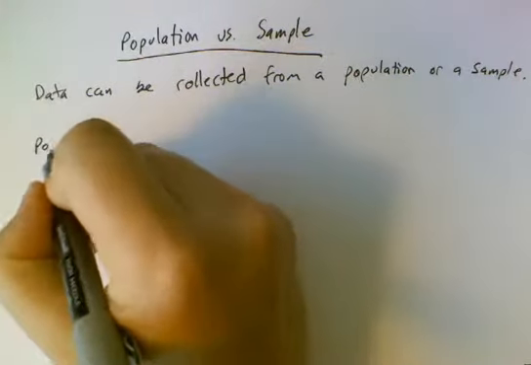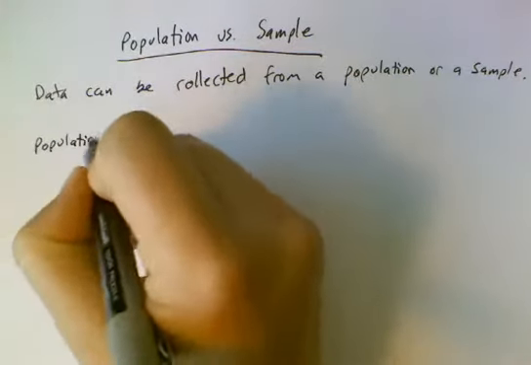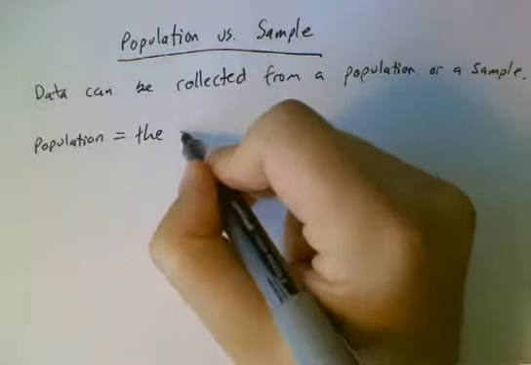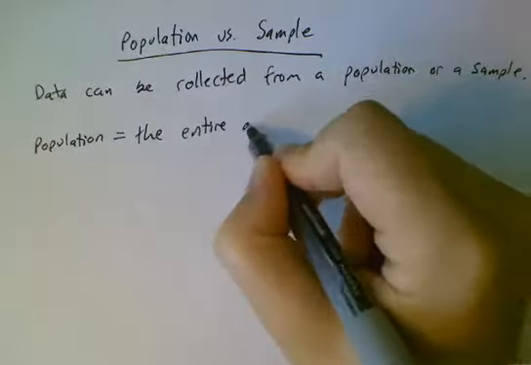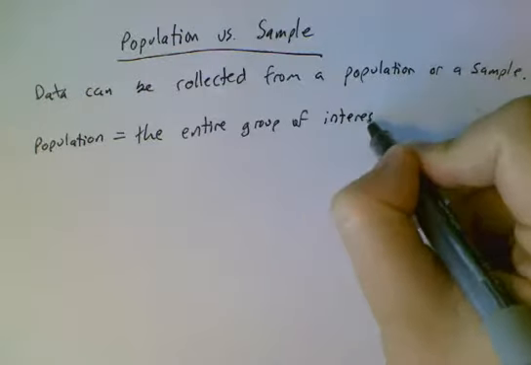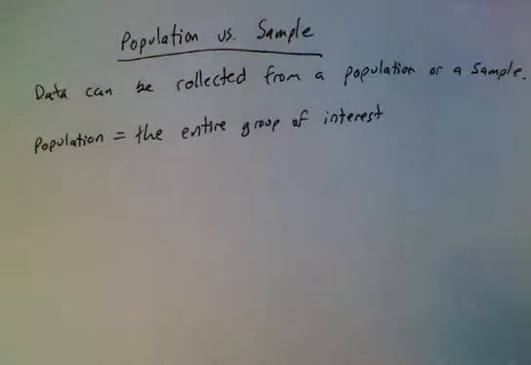The population is the entire group of interest. So for example, if we wanted to know the incomes of people in Oakland, then to collect data from the population, we would ask every single person who lives in Oakland.